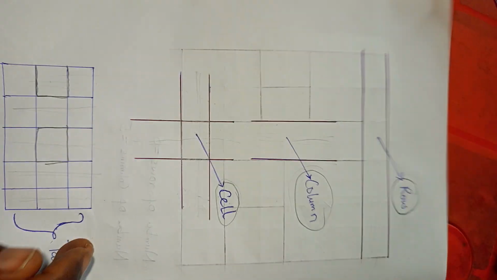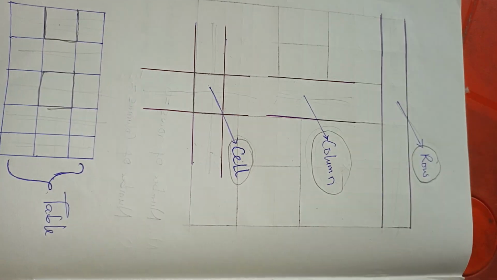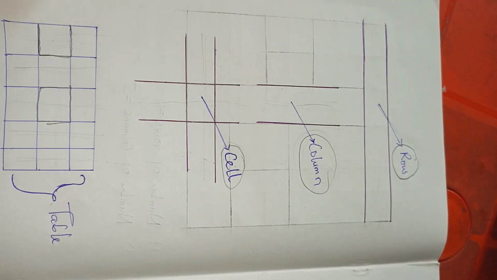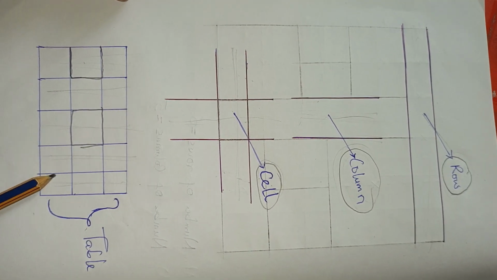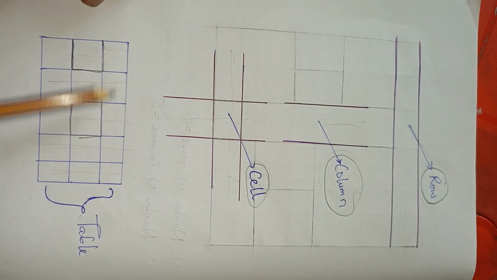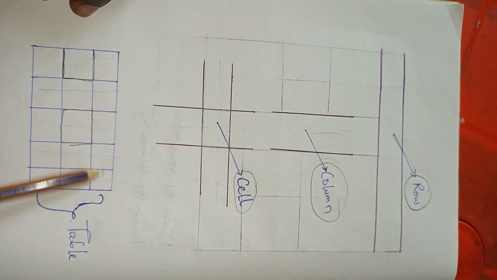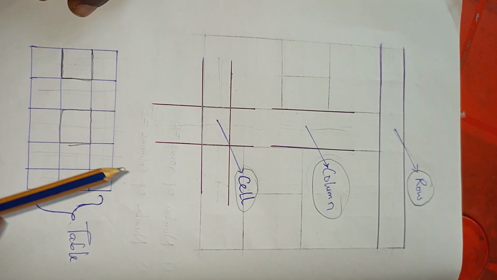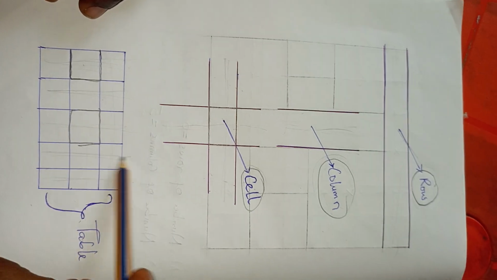table. So far, I started by teaching you how to identify your rows and columns, and I told you that this is a typical example of a table made up of rows and columns. The rows are horizontal spaces, the spaces, not the lines, running through your table, while the columns are the vertical spaces running through your table.